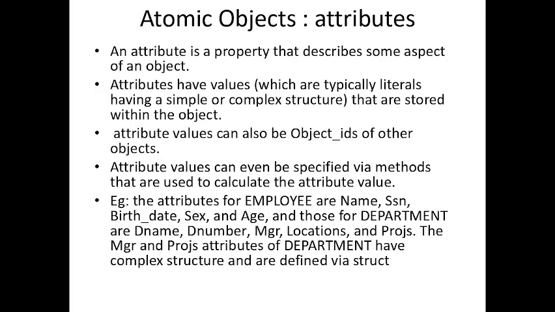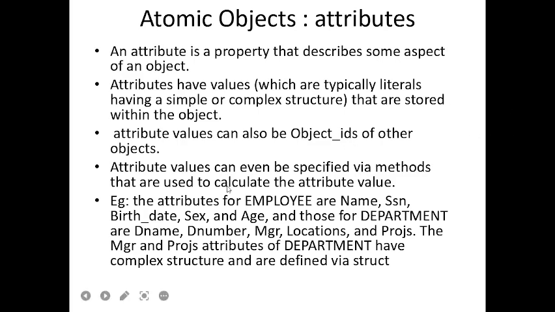An attribute is a property that describes some aspect of an object. Attributes have values which are typically literals having a simple or complex structure that are stored within the object. However, the attribute values can also be object IDs of other objects.